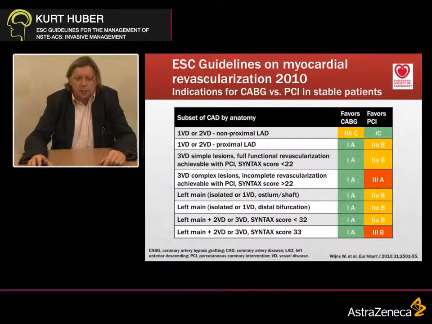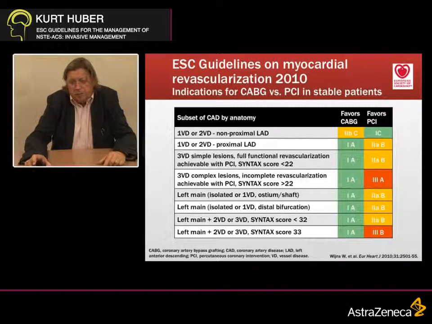This slide gives you indications for bypass surgery versus percutaneous intervention in stable patients with ischemic heart disease. And as can be seen, the best recommendations, 2010, this slide goes back to the myocardial revascularization guidelines, are given for bypass surgery. But you can see also on the right-hand side that there are clear indications for PCI, for example in patients with a non-proximal LAD lesion and a 1 or 2 vessel disease.